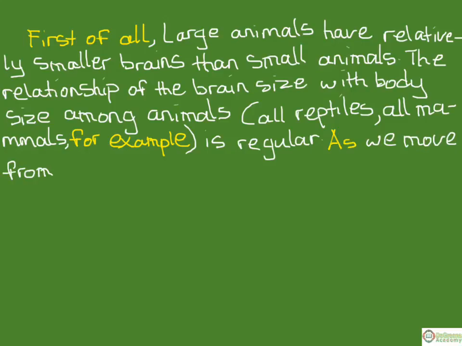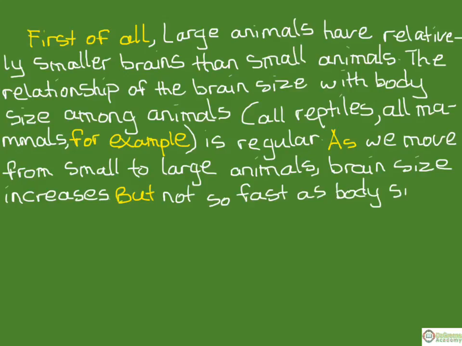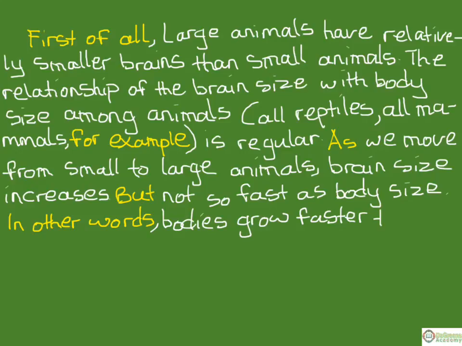The paragraph reads: First of all, large animals have relatively smaller brains than small animals. The relationship of the brain size with body size among animals (all reptiles, all mammals, for example) is regular.